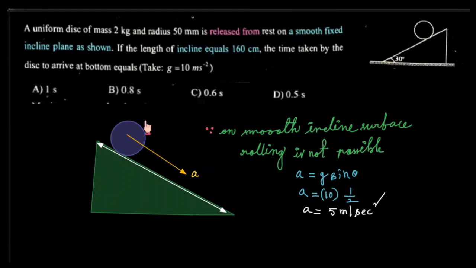Now it has to cover this much distance. From the kinematic equation for displacement, s is equal to half into a into t square. What is s here?